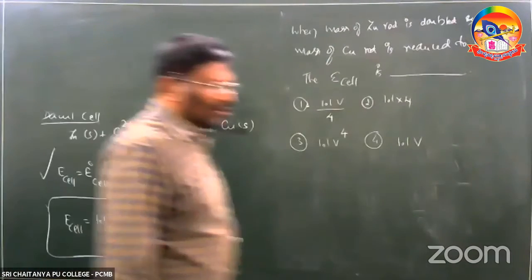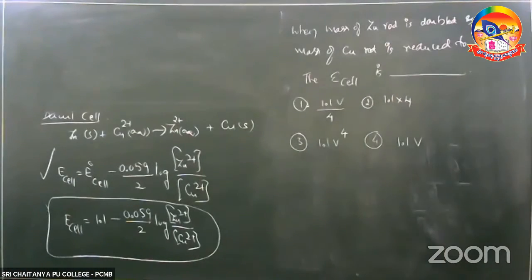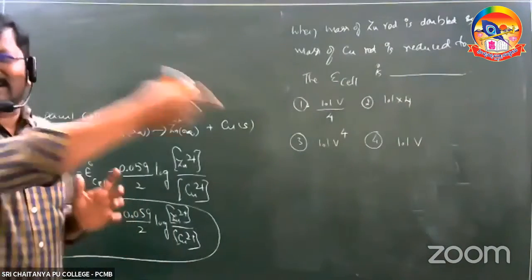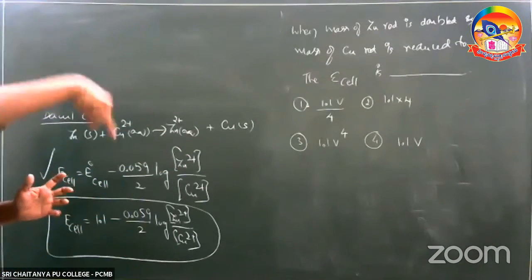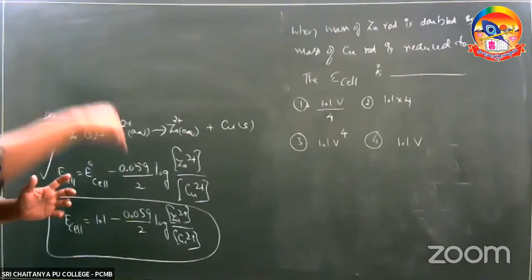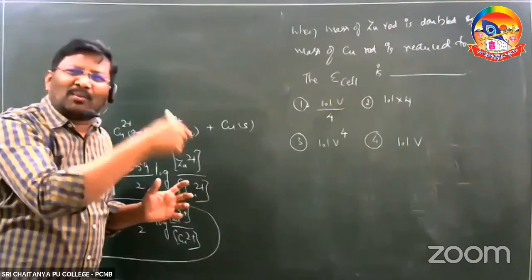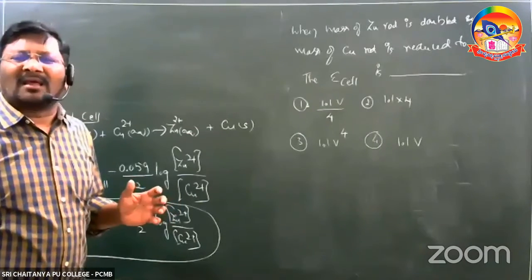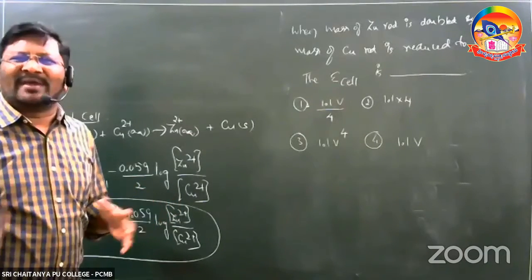Please observe the question carefully. It is an important and regularly asked question, just like theory mode. In that construction, what happened now? The zinc rod mass is doubled. On the other side, the copper rod is immersed in the copper sulfate solution, and its mass is reduced to half. Now the new E cell will be how much?